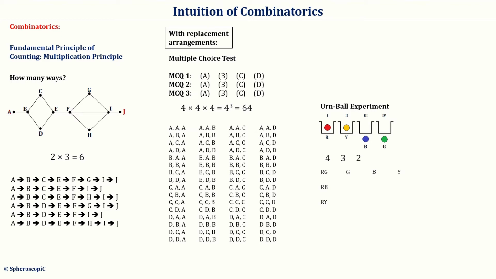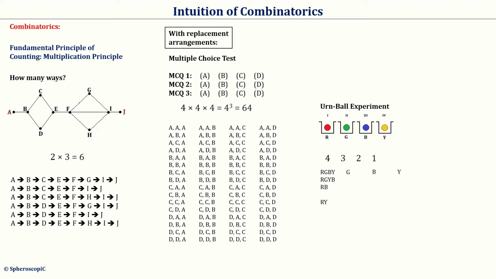Now third urn can be occupied by one of the 2 balls we are left with in 2 ways. Consider the case when we have put red in first urn, green in second urn. In this situation, we can put blue in third urn or yellow in third urn, and the fourth urn can be occupied by one ball we are left with in one way only. In this case, we can put blue in fourth urn, and in this case, we can put yellow.